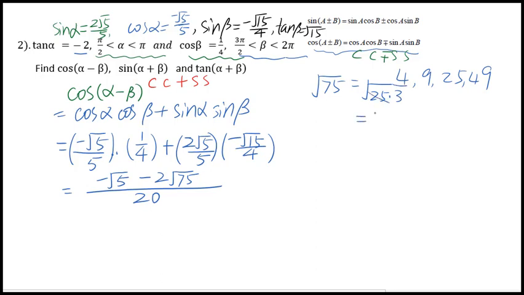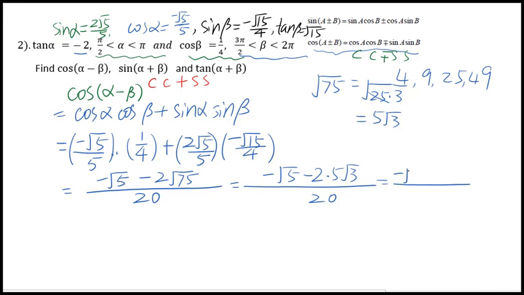So square root of 25 is 5 square root of 3. Therefore, this is 20. Here is negative square root of 5 minus 2 times 5 square root of 3. So it will be negative square root of 5 minus 10 square root of 3 over 20.